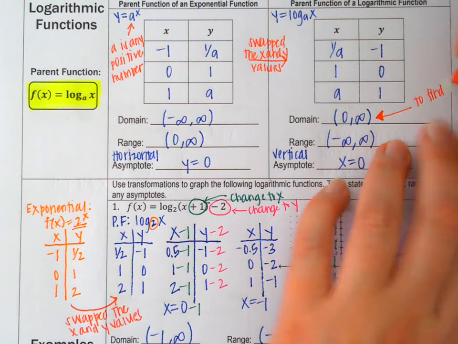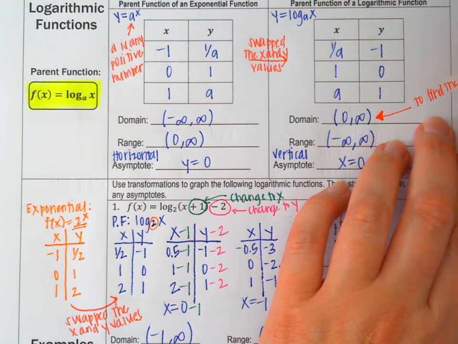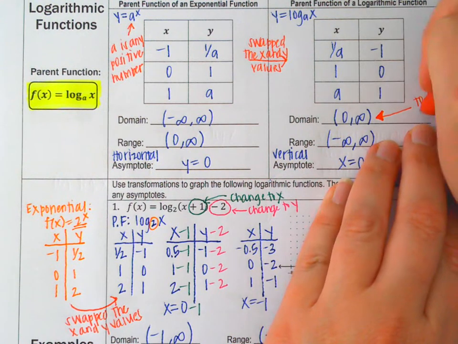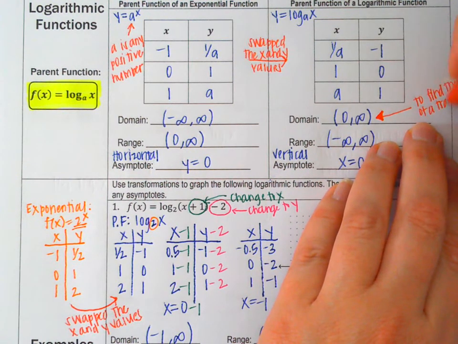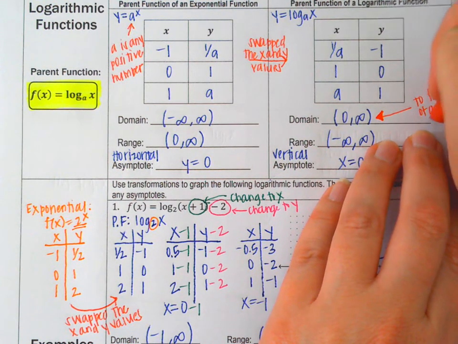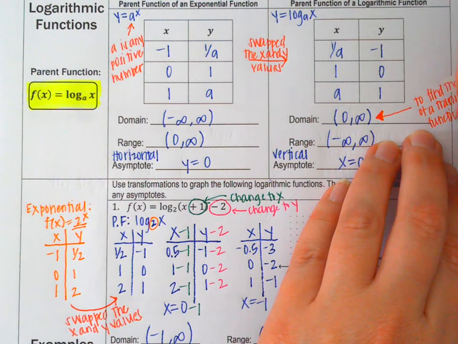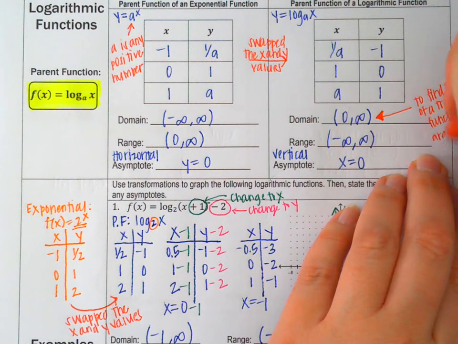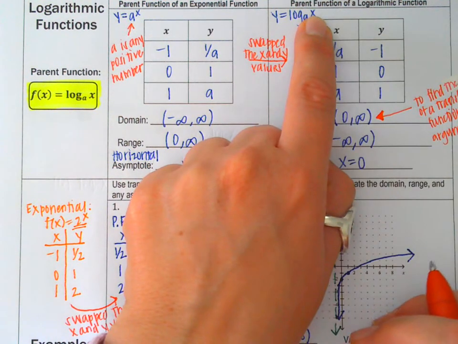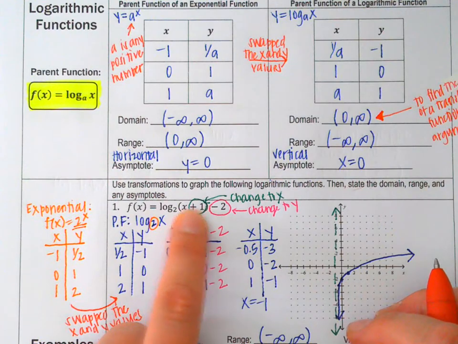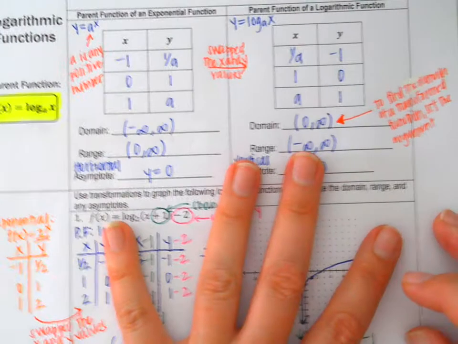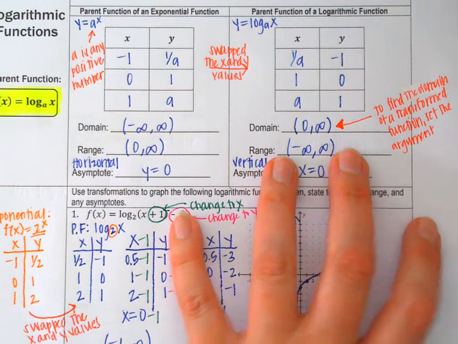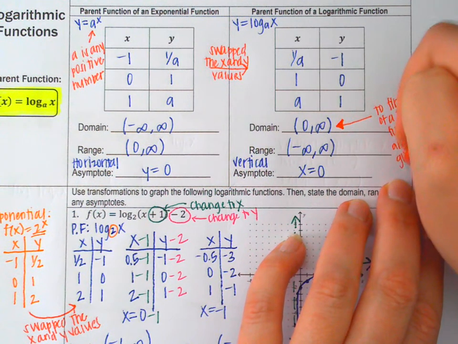So to find the domain of a transformed function, set the argument, which, remember, is this whole part of the log, greater than 0.